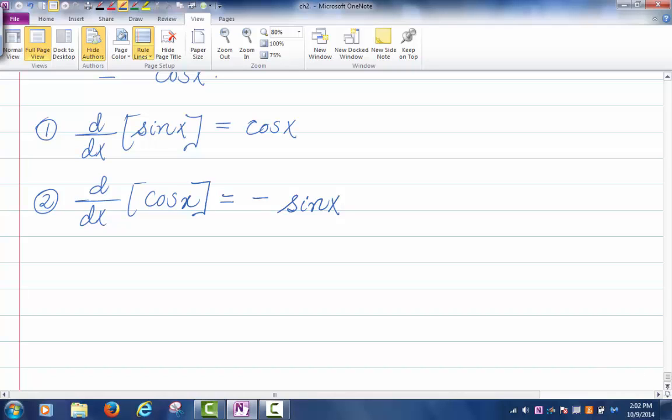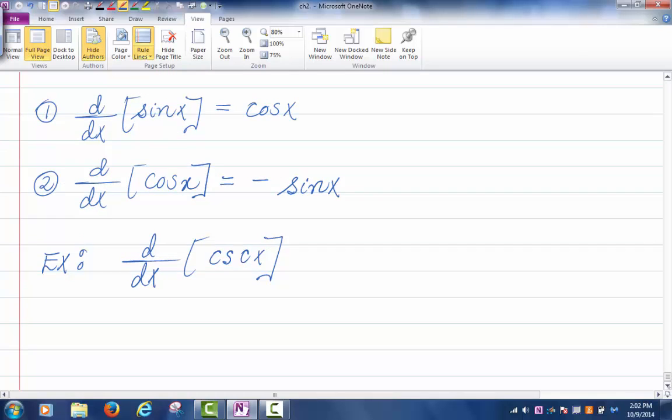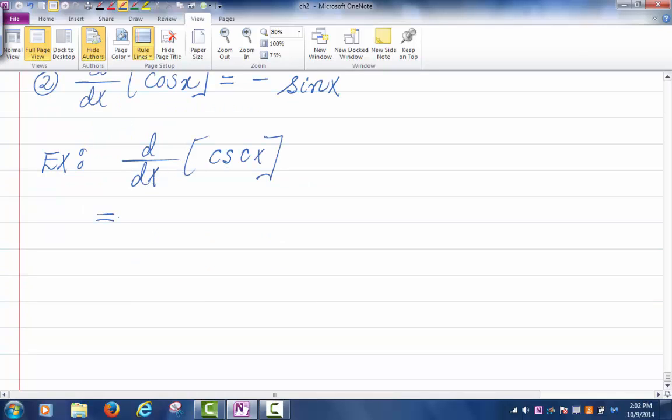How about the derivative of now the other trig functions, right? So how would you compute the derivative of, let's say, cosecant of x? Well, how can I compute that? Well, because cosecant is what? Cosecant is, now I don't have to use the limit definition anymore. I can just apply quotient rule or the chain rule to come up with this derivative.